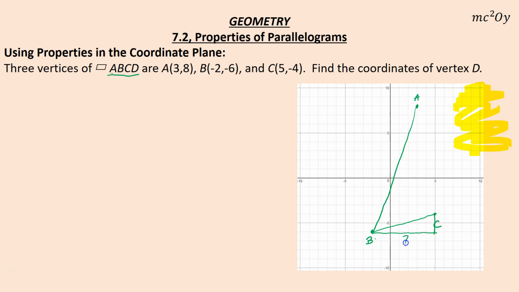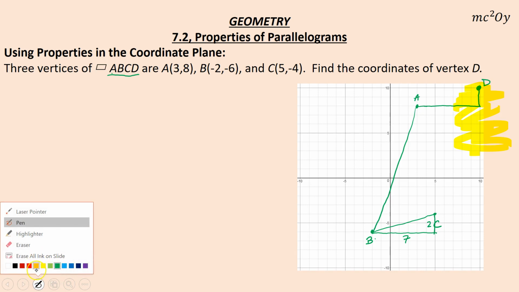So I rise 2 and run 7, right? And so from A, I could rise 2 and run 7, or run 7, 1, 2, 3, 4, 5, 6, and 7, and rise 2, and it looks like point D is right there. Okay, so we have that same slope.